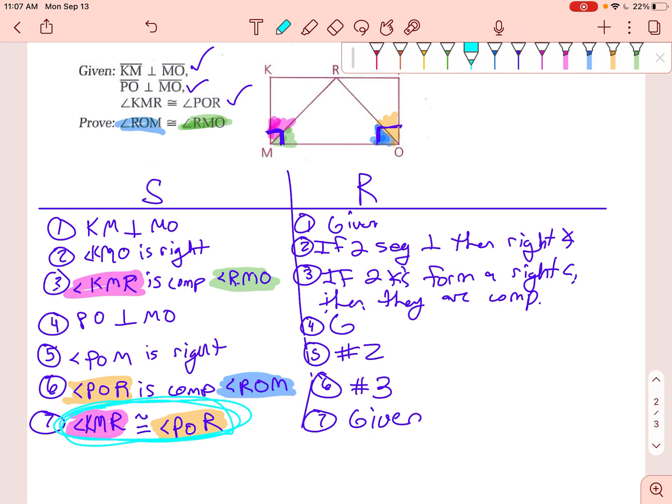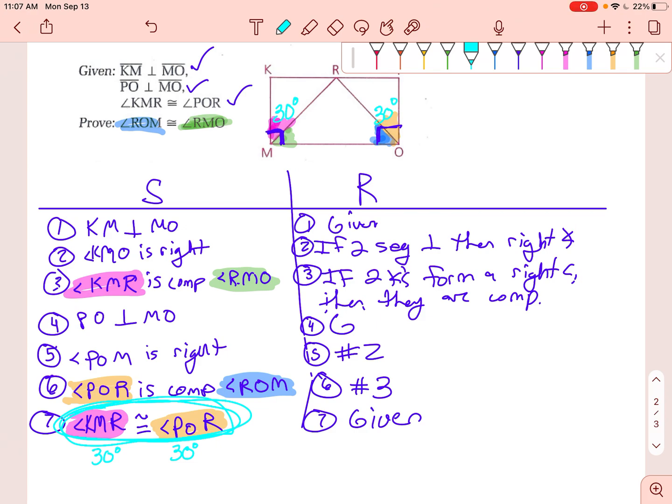Hypothetically, and you're allowed to always make up one number, I'm going to make up that the pink angle is 30 degrees. I'm just making this up. If the pink angle is 30, doesn't that mean that the orange angle also has to be 30? Okay, so I'm putting 30 in here. Well, wait a minute.